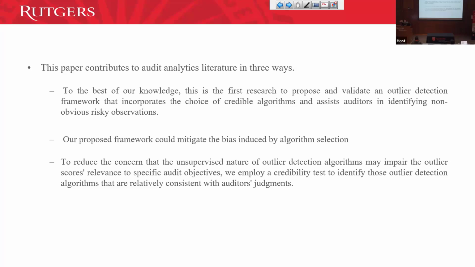This is a very unique advantage of our framework. And secondly, our proposed framework could mitigate bias induced by algorithm selection. As we discussed beforehand, our framework just tries to partially mitigate the challenges of outlier detection applications.